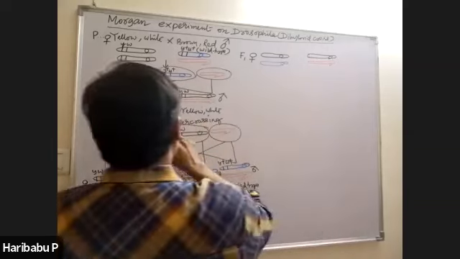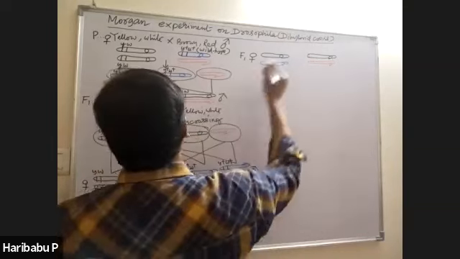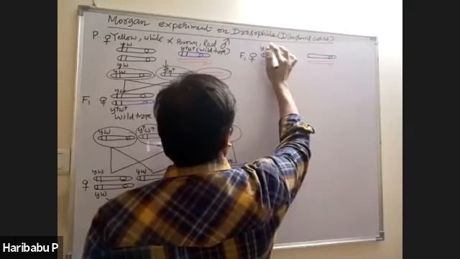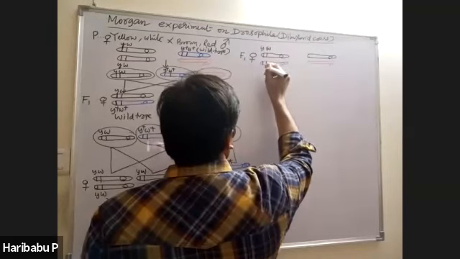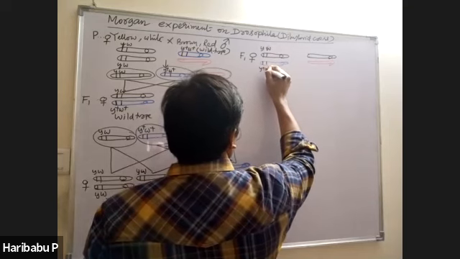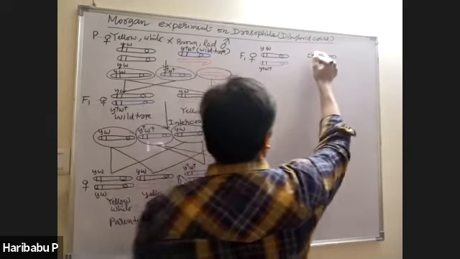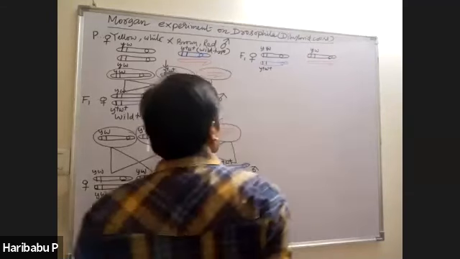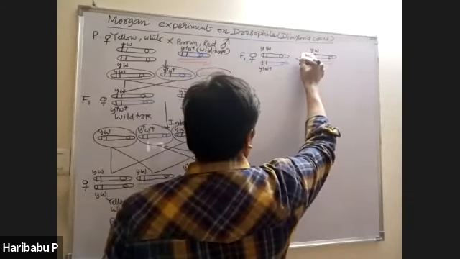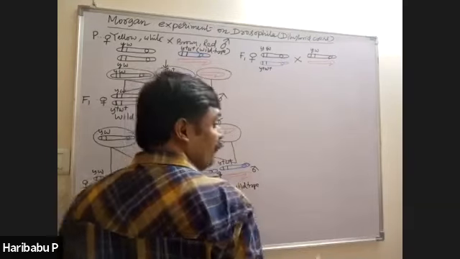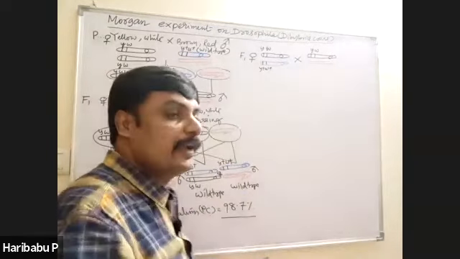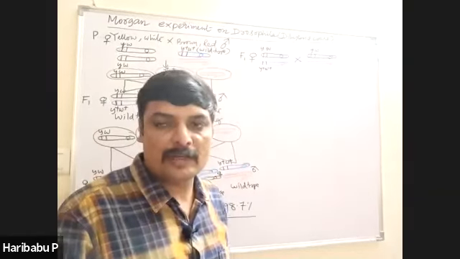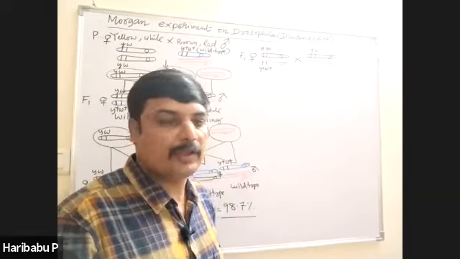And the genes here: YW here, Y plus W plus, here it is YW. Now we are intercrossing these two flies. If crossing over occurs, recombinant combinations appear.